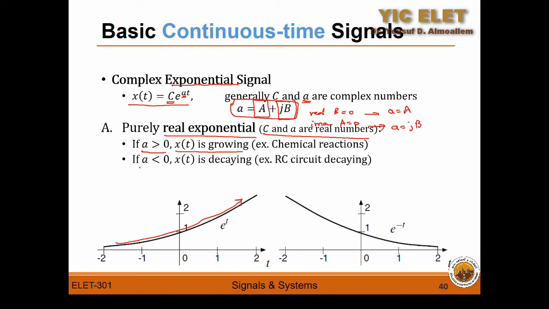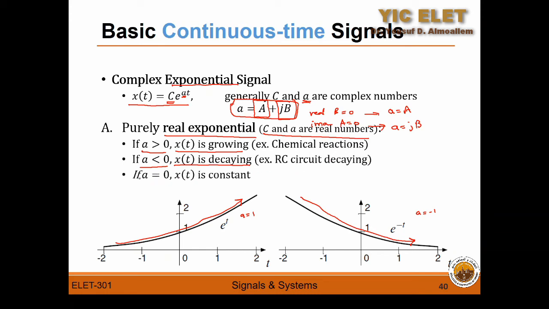If a is less than 0, x of t will be decaying, as you can see here. We take the example of e to the minus t, when a is equal to minus 1. This is very common in RC circuits, the decaying, the capacitor charging or discharging phenomenon.